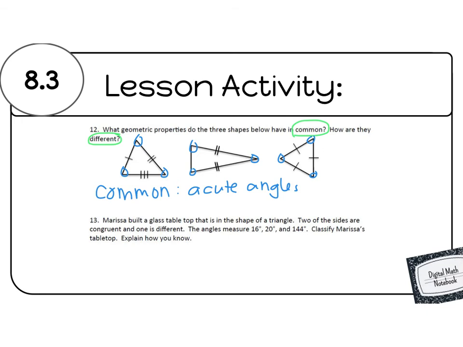And something that they have different, well, let's see. This triangle has three different sides. The middle triangle has two sides the same, and the third triangle has all the same sides. So different is that the side lengths are all different on each triangle.